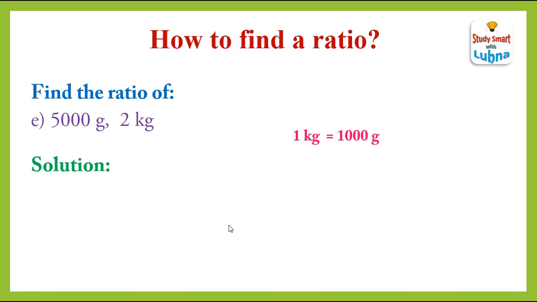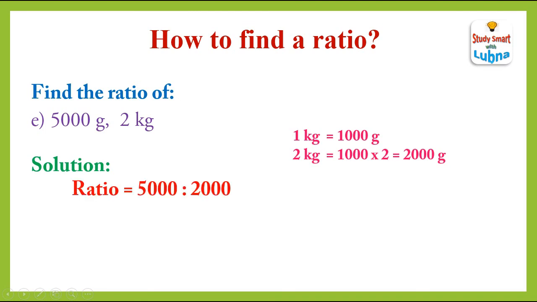As we know that 1 kilogram equals 1000 gram, so 2 kilogram will equal 1000 multiplied by 2, which is 2000 gram. Now the units are the same, so we can find their ratio easily.